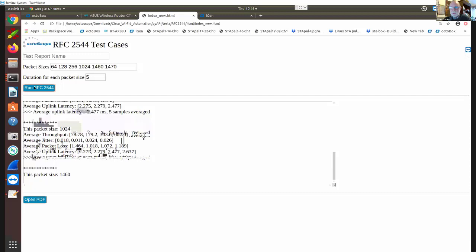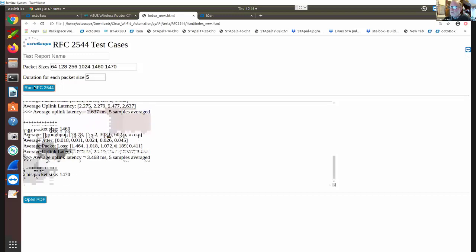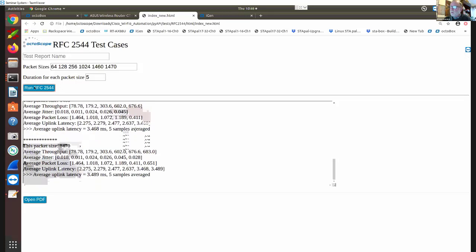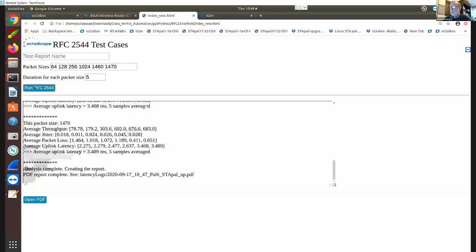There's more data relative to the overhead of these packets going over the air. So we're getting to 1460, 1470. You can see a general trend there in the throughput, but we'll take a look at the graphs once they are provided.